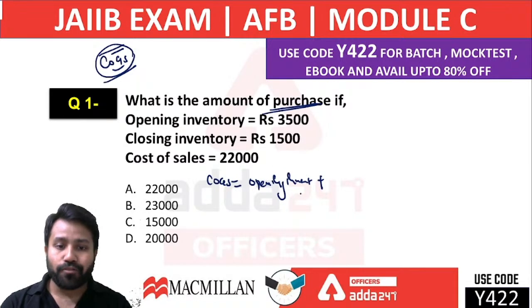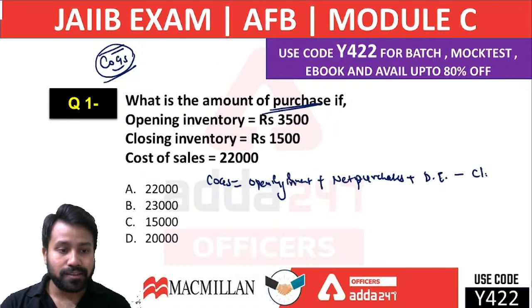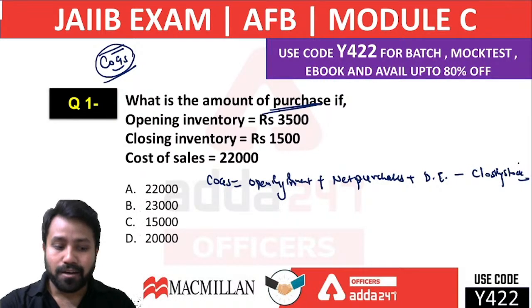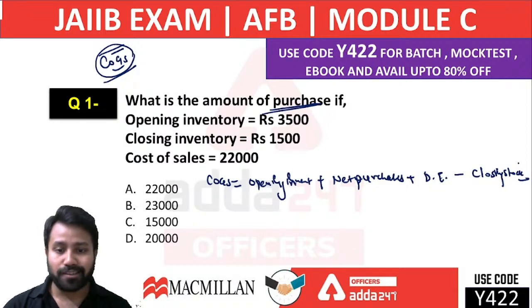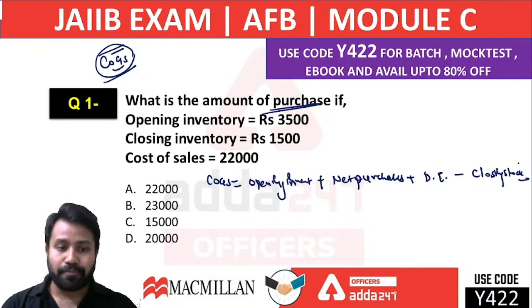So you can write opening inventory, as well as opening stock. There is nothing to worry about that. So opening inventory plus net purchases plus direct expenses minus closing stock, or you can also write closing inventory. So you can write it this way: the cost of goods sold will be equal to the opening stock plus net purchases plus direct expenses minus closing stock.